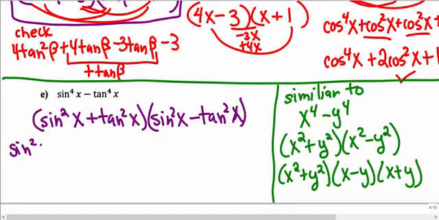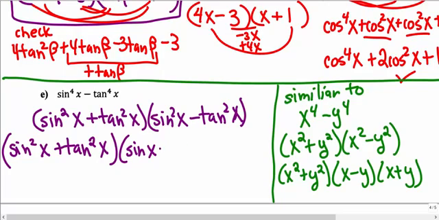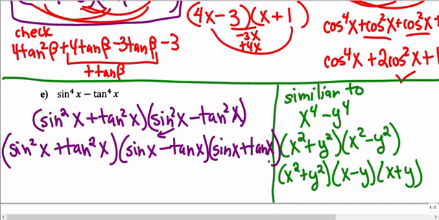The first one is like a sum of squares. That will be prime, so we will not factor that anymore, but we still need to bring it down. And then sine x minus tangent x would be the factorization for the difference of squares. And then that would be sine x plus tangent x.